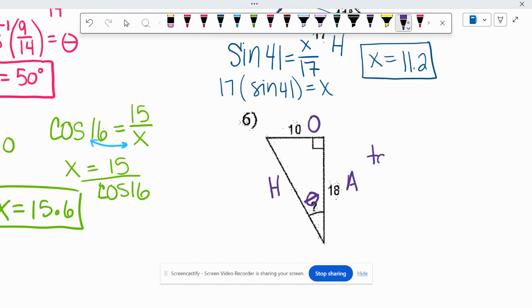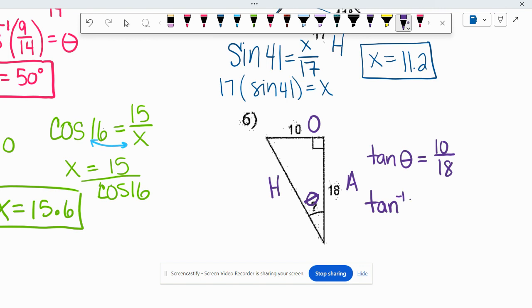Tangent. So the tangent of theta equals the opposite over the adjacent. So we're looking for an angle measure. We got a theta there. What does that mean? We have to use the what function? The inverse. Inverse or arc.